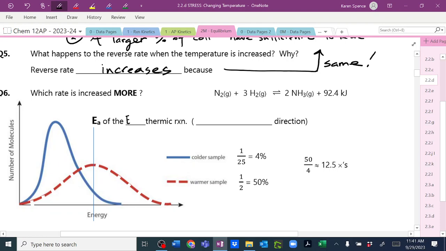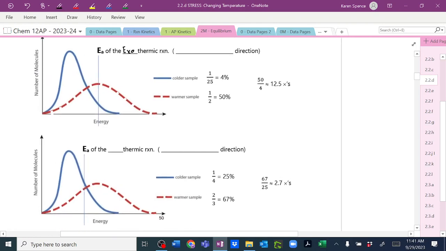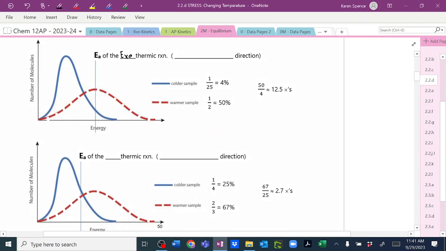So this is the EA of the exothermic reaction. Here, let's put them all so we can see them on the screen at the same time. Oh no, that's the endo. I should make a bigger space for that. And this is the exo.